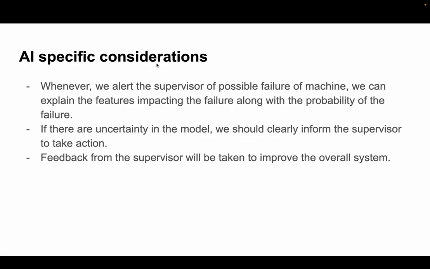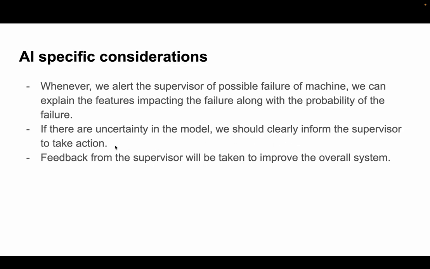Now AI specific considerations. Whenever we alert a supervisor of a possible machine failure, we can explain the features impacting that failure, and also the probability of the failure. As I mentioned, it could be based on batches, or on individual data points, like average probability across all data points. If there is uncertainty in the model, we should clearly inform the supervisor to take action.